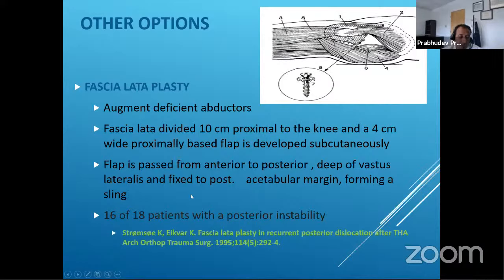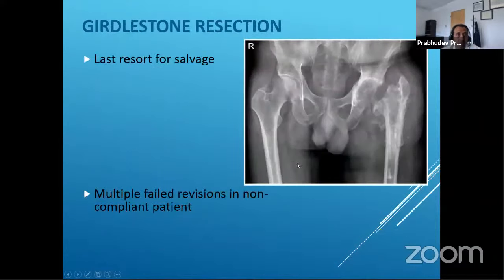And they demonstrated that 16 of the 18 patients with posterior instability were able to be stabilized. The last option, when everything else fails, again in very low demand patients, is like a salvage procedure: a Girdlestone resection may be considered.